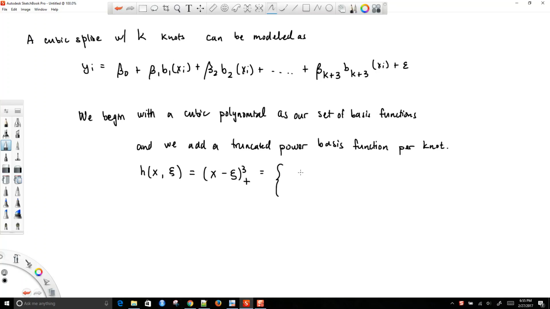It's exactly this thing if x is greater than xi, and it's 0 otherwise. The plus just means it's this when the quantity is greater than 0. The plus means we only worry about it to the right of xi.